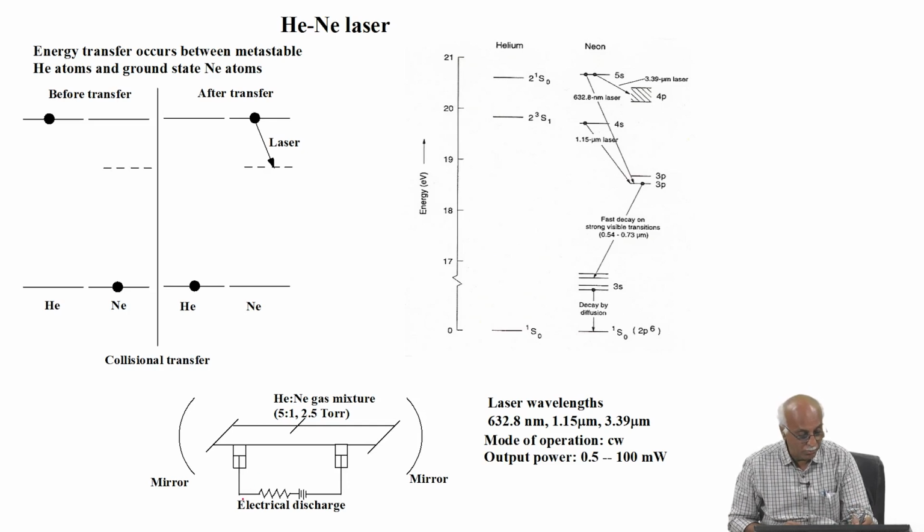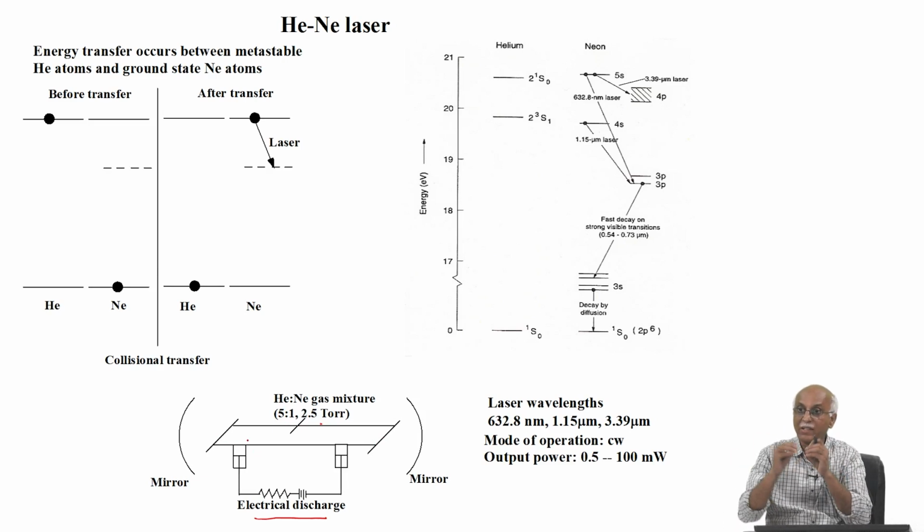So when you provide electrical discharge in a mixture of helium and neon, with helium concentration 5 times that of neon, and overall total pressure of 2.5 torr, very small, in vacuum condition, there is only a very small amount of helium and neon. These atoms are all just inside this tube.